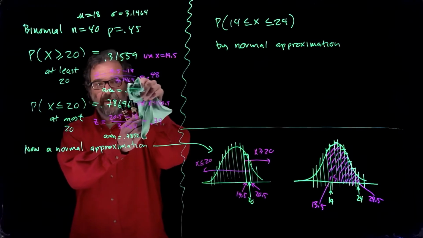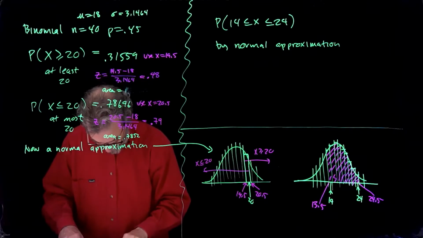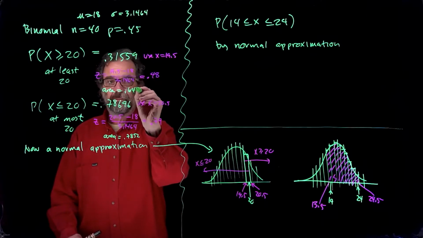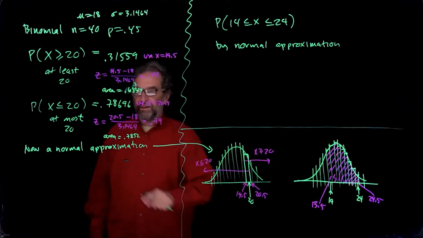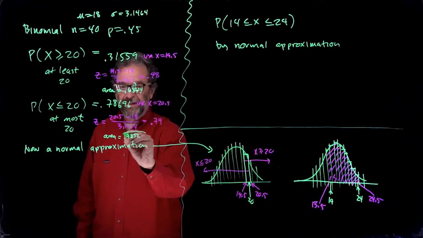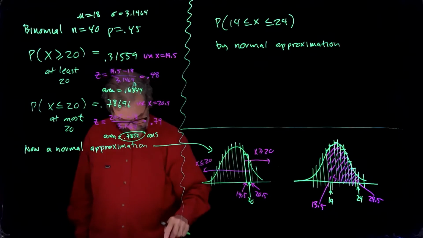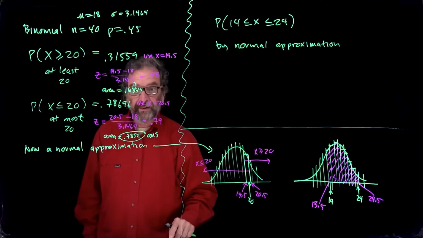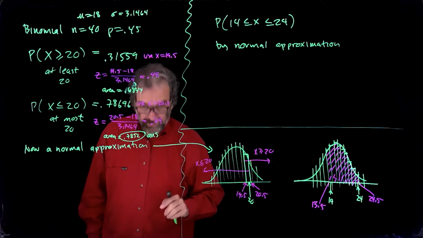I think that's right. Let me double check that in a minute. Then I'll go to 0.48: 0.48, 6844. For less than, that's the answer. For greater than, it's 1 minus that. So 1 minus 0.6844 is 0.3156.